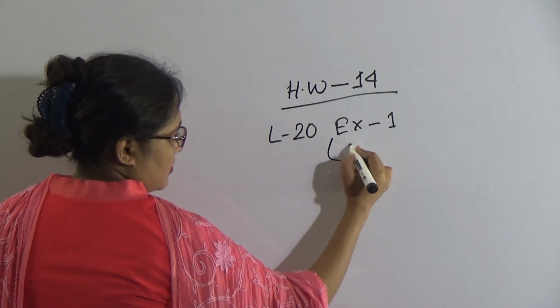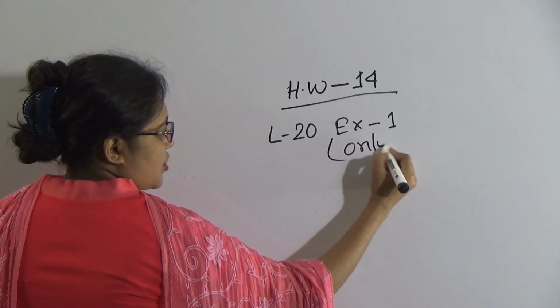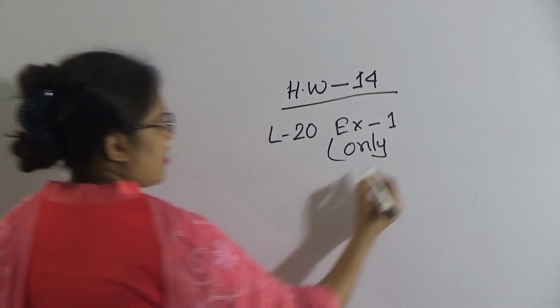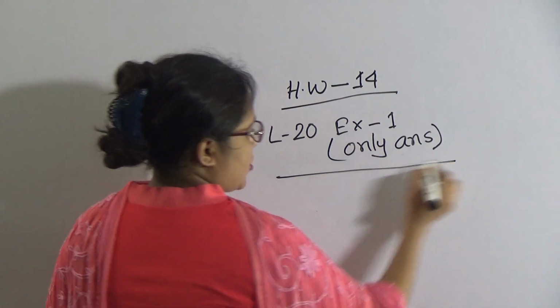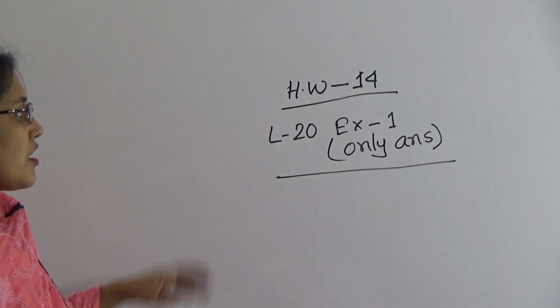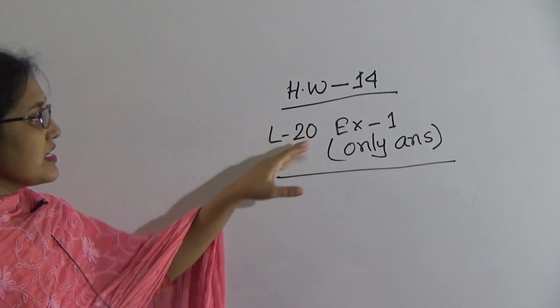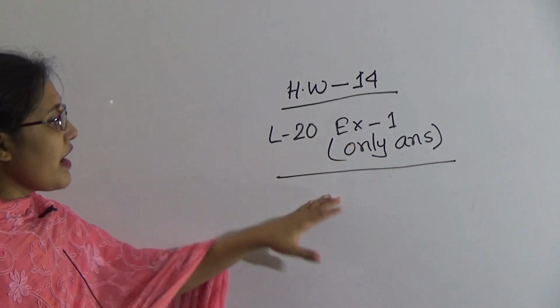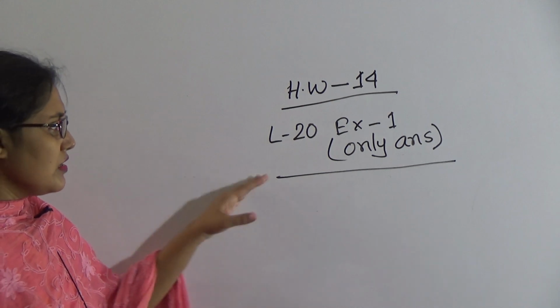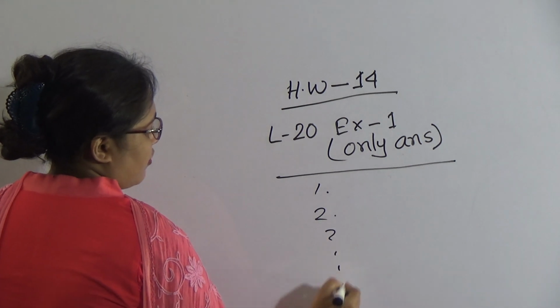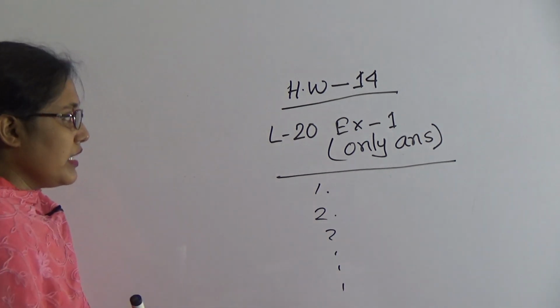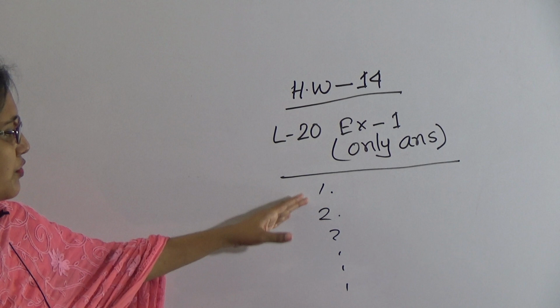Only the answer. No need to write the full sentence. Write only the answers. Lesson 20, exercise 1. That means you have to write these five words, with the serial numbers 1, 2, 3, 4, 5. In this way, you have to write only the answer.